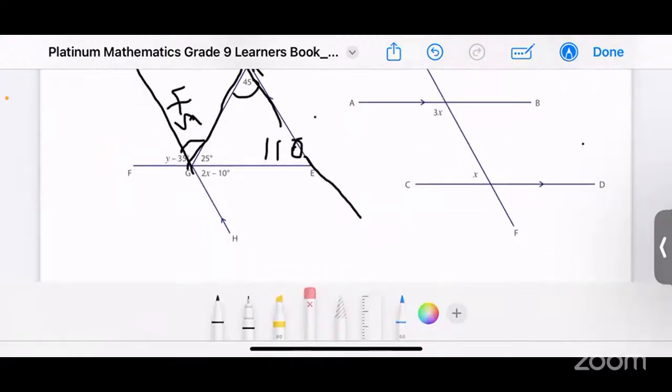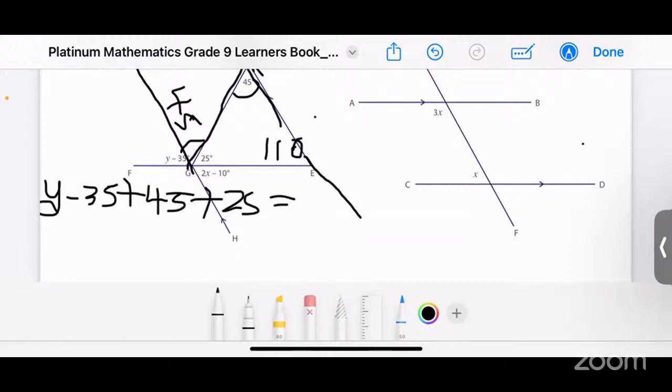It's saying y minus 35 plus 45 plus 25 is equals to 180. So what is the value of y?